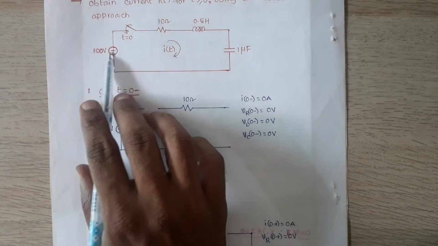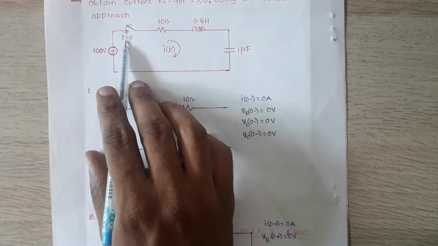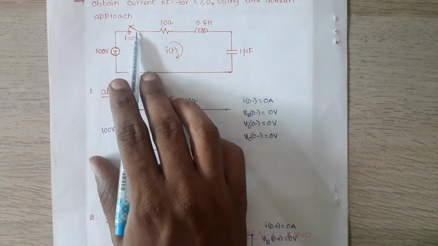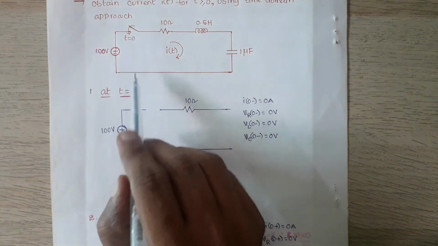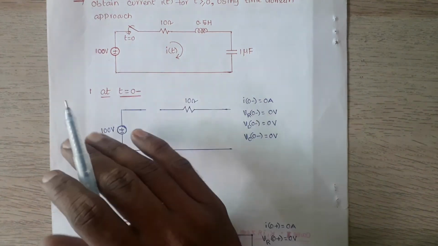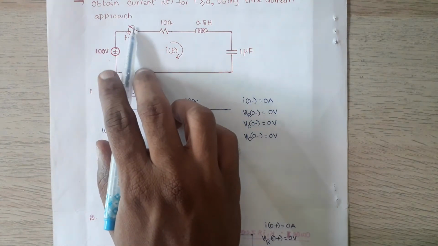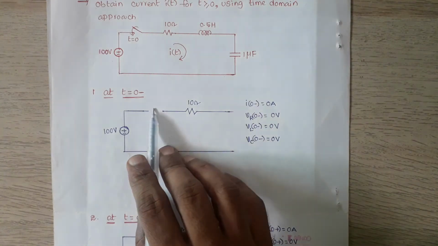So which are called equivalent circuits. At t equal to 0 minus, the 100 volt source is there. We are closing the switch at t equal to 0, connecting this RLC circuit to the source at t equal to 0. So t equal to 0 minus means just before 0, the switch is open.